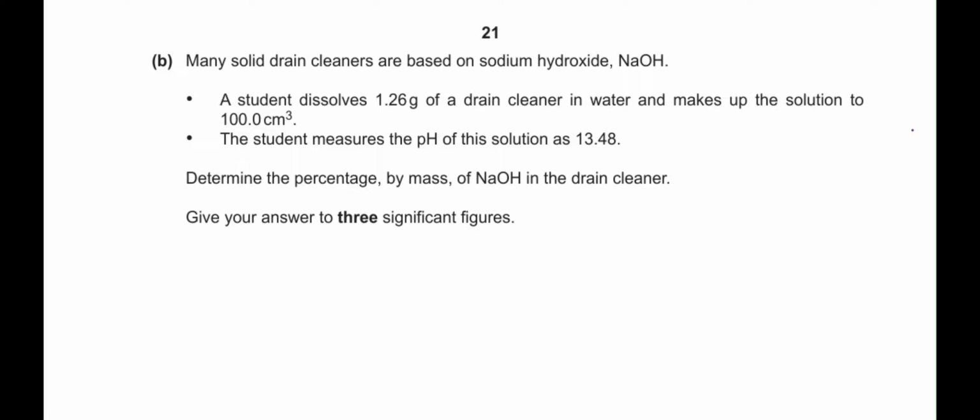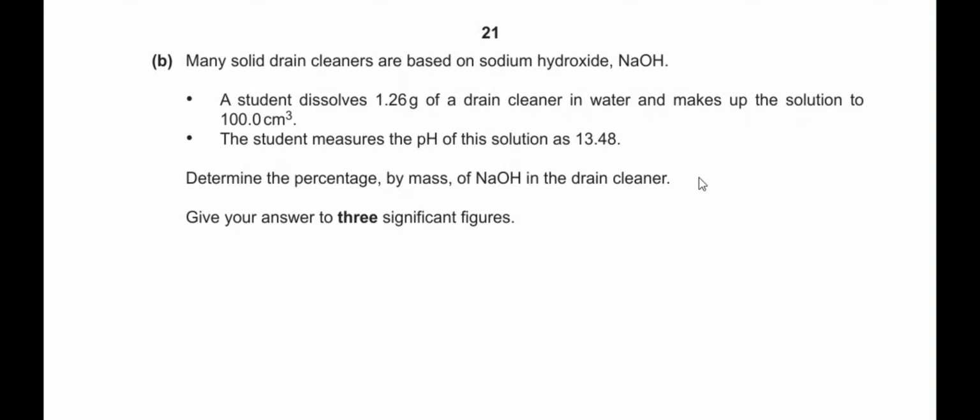Before starting to answer this question, a small discussion on how we calculate the pH of an alkali such as NaOH. When NaOH dissolves in water, it can't dissociate to produce any hydrogen ions, right? Therefore, we assume that all the hydrogen ions come from the dissociation of water.